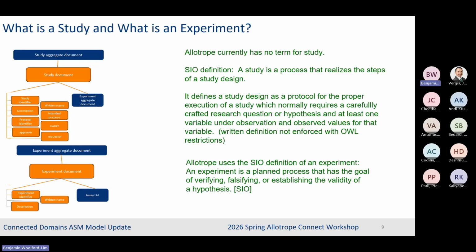It didn't have anything for study, so I thought, let's go back up to SIO and see what SIO had to say. And the definition of study is a process that realizes a study design. Not quite great. And then when you look up the definition for study design, it just starts out that a study design is a protocol for a study. That's all kind of rather spiritual.